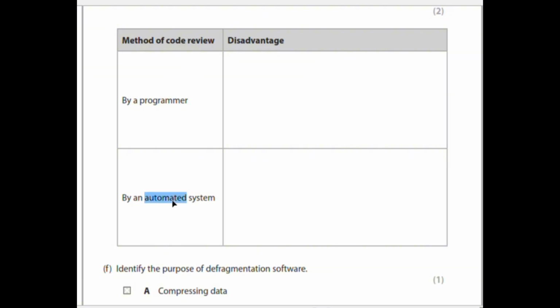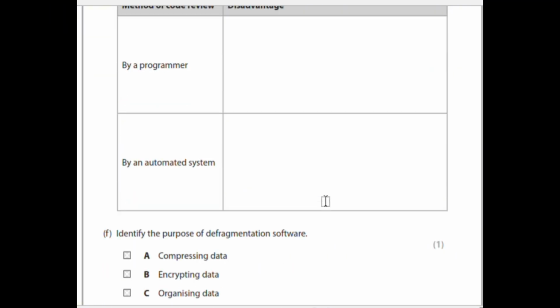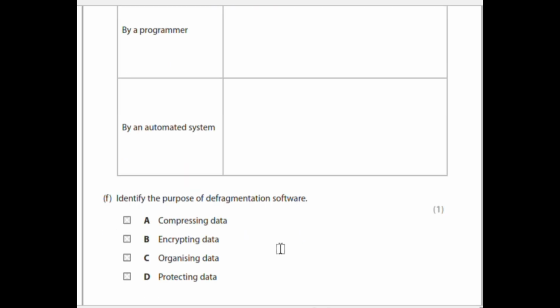Excuse me, sir. Sorry? Excuse me, sir. In question E, the disadvantage of an automated system. What is the disadvantage? Yeah, E. What did you say? For this one, it might not capture all the issues that are encountered in the software.